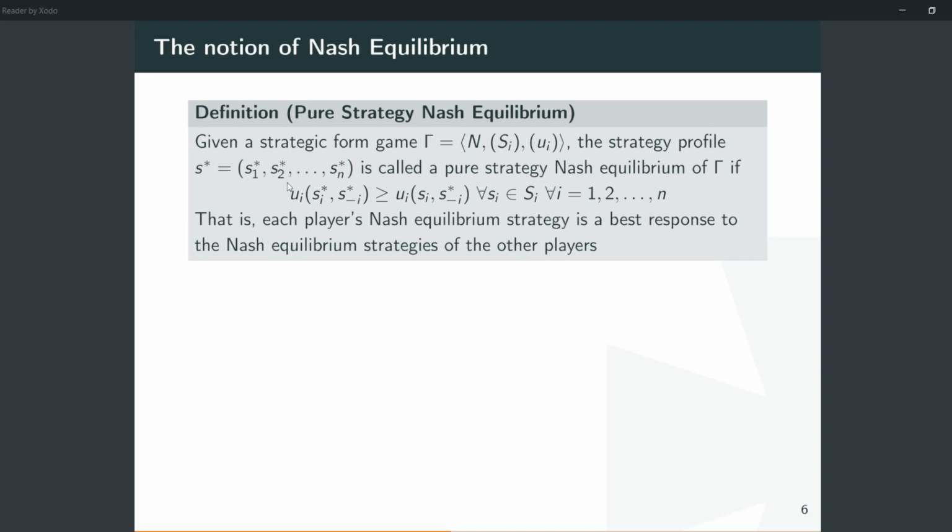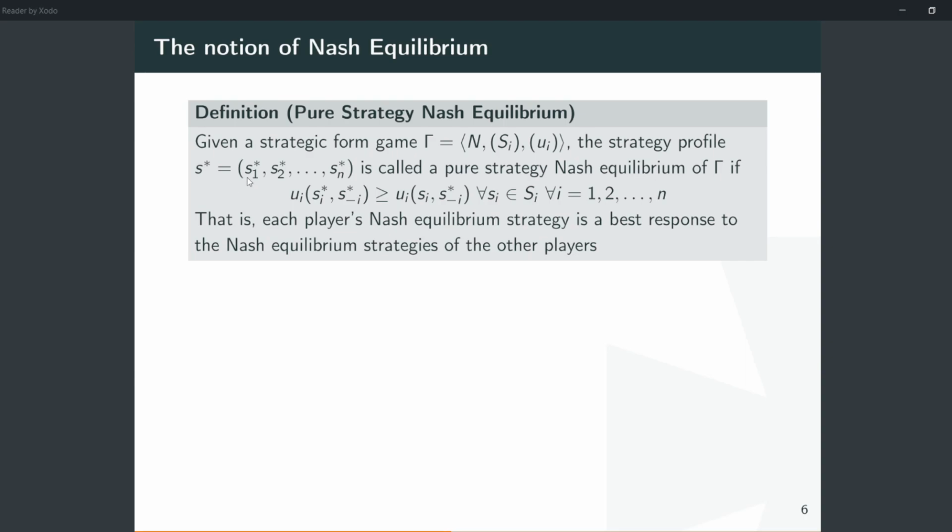So the Nash equilibrium states that S1*, S2* and Sn* is a pure strategy Nash equilibrium if the players cannot benefit from going away from the strategies.